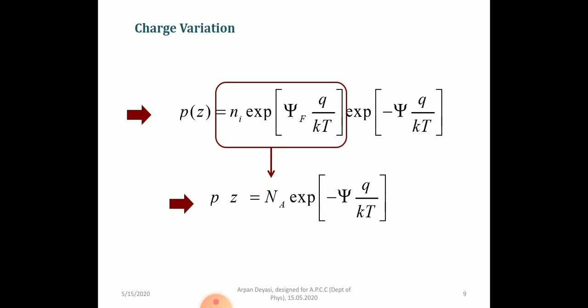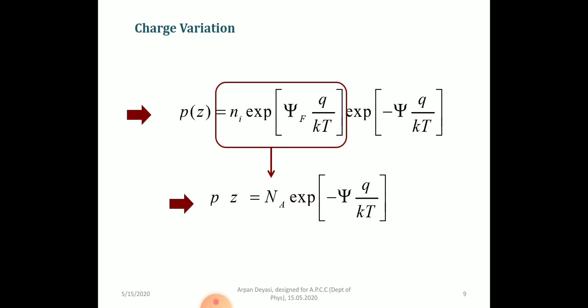Now look more closely at this part which I have shown under a group: n_i exponential q psi_f by kT. What does it basically determine? Here psi_f is measured at the bulk.